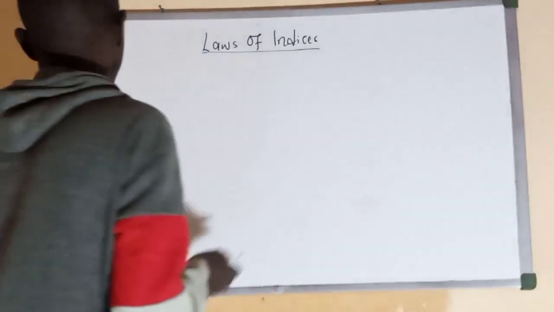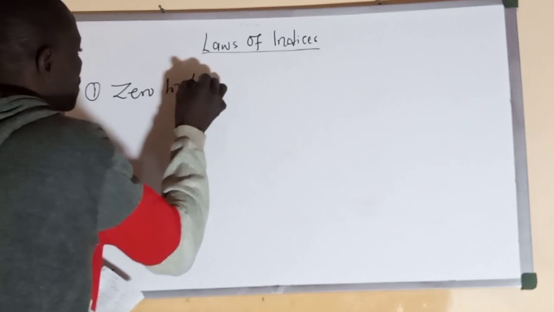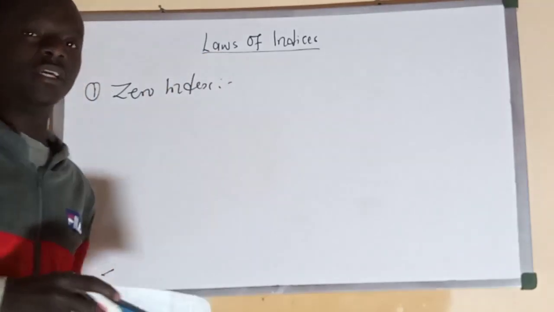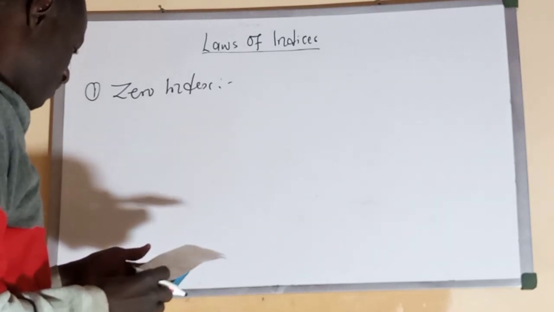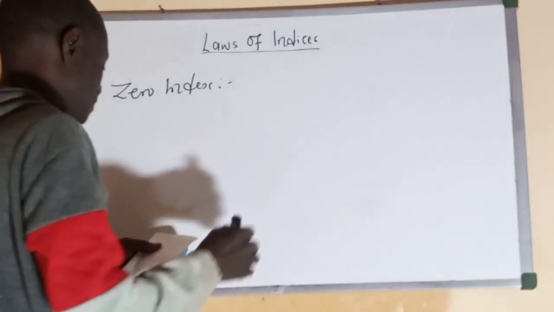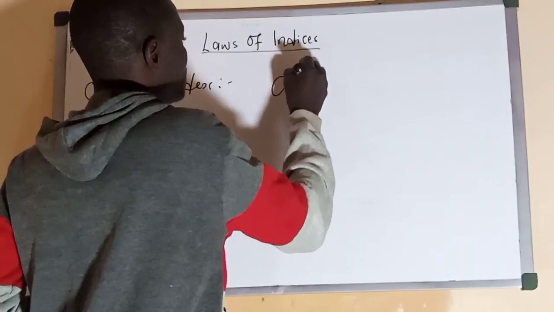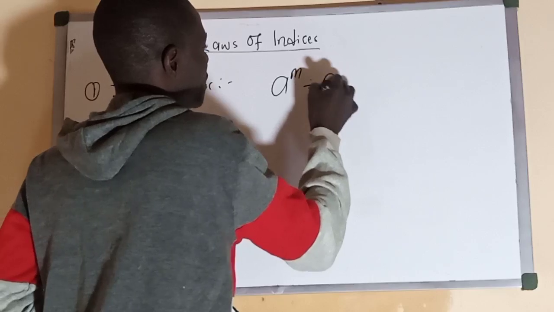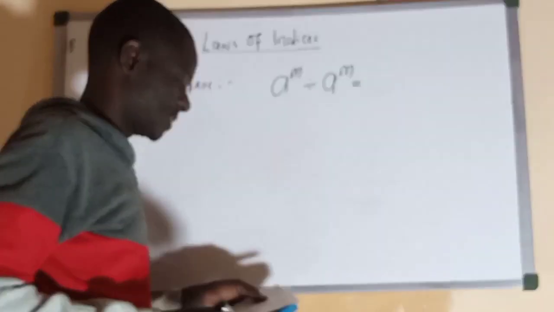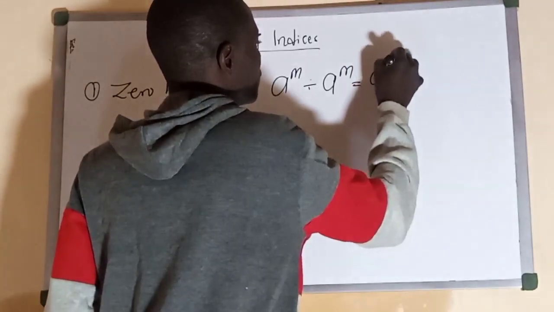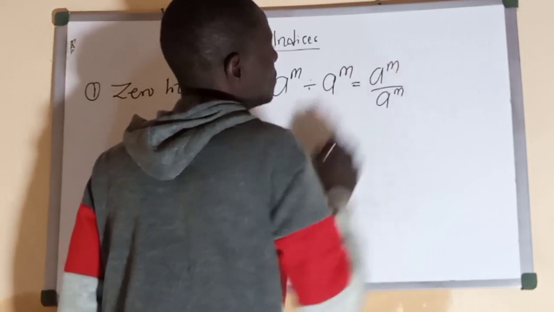We have the zero index. Assuming that we know that a raised to the power of m divided by a raised to the power of m is the same as a power m over a power m.